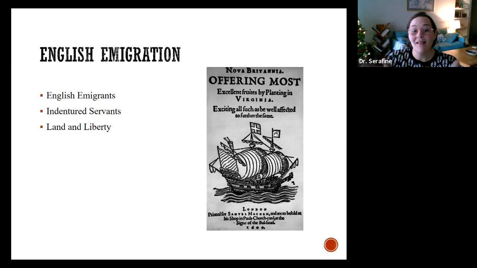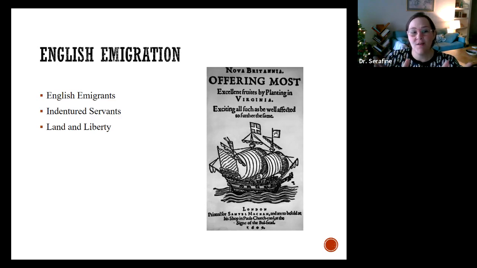Now, the English will attempt to enslave Native Americans, most often those that were captured in warfare. Some of these Native Americans they shipped to the West Indies to be sold as slaves there. And the first Africans enslaved in the New World came to Virginia as early as 1619.